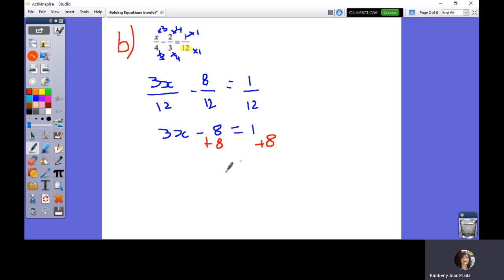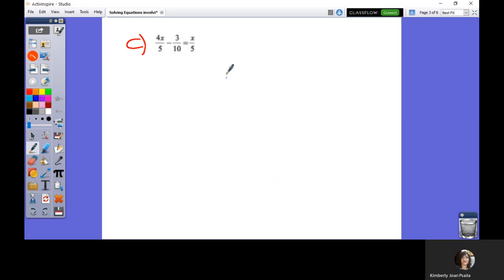We are left with 3x, minus 8 plus 8 is 0, is equal to 9. In order to get rid of this 3, we can divide by 3 on both sides. And we are left with x, since this simplifies with this, is equal to 3. And there you have your final answer.